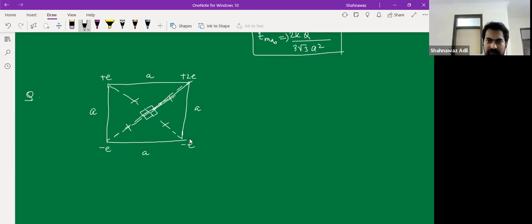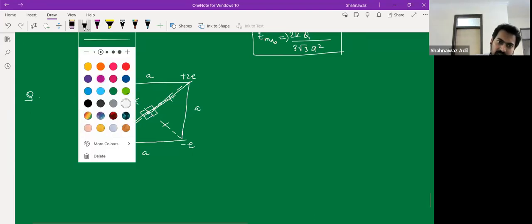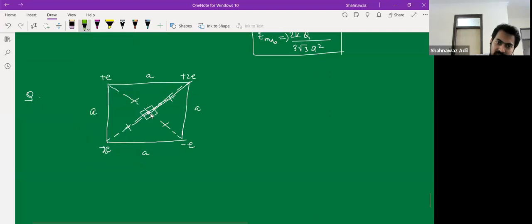Do you guys remember? Now these are the four charges, and this is 2e, and we have to calculate the electric field at this point. So this is a simple question, right? Understood, guys?